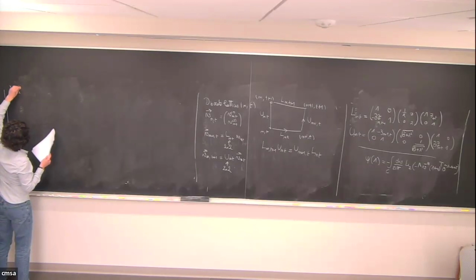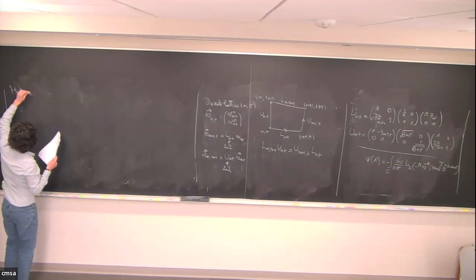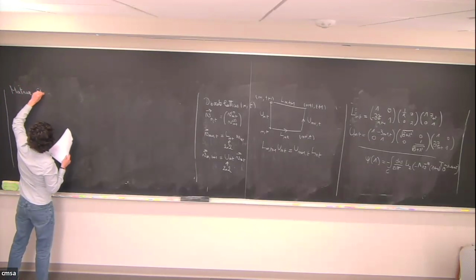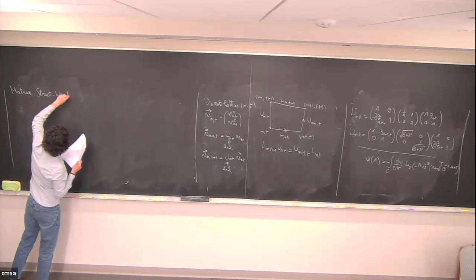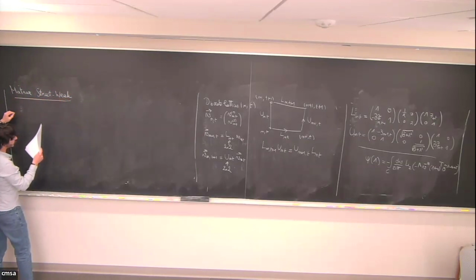So for the matrix strict weak, the recursion is defined as follows.